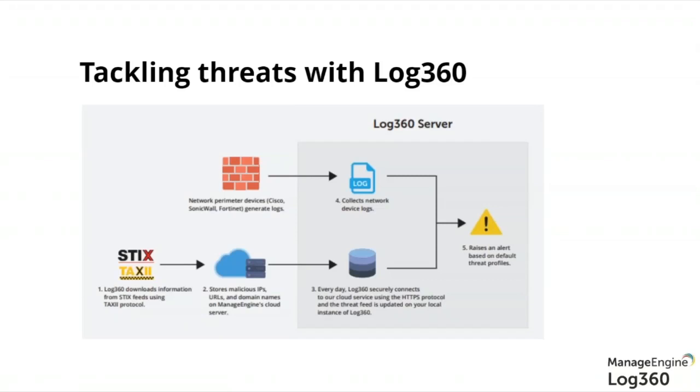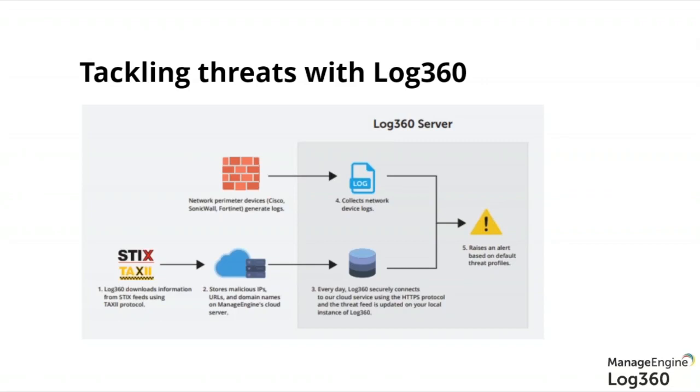So, I'll just talk to you a little bit about Log 360 and its various threat intelligence features. You can see here the flow of how it works. Basically, Log 360 collects information from pretty reliable STIX and TAXII based threat feeds out there. We store all this information on a cloud server, and it's retrieved dynamically every single day.